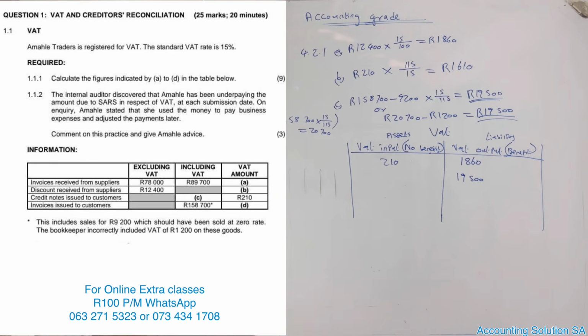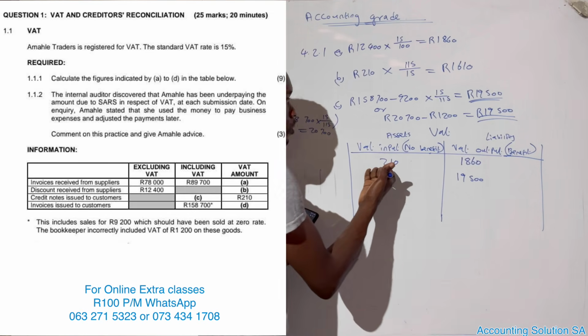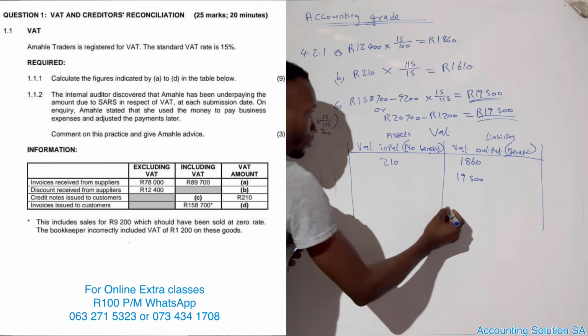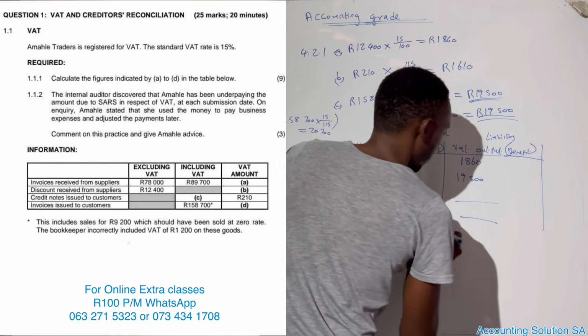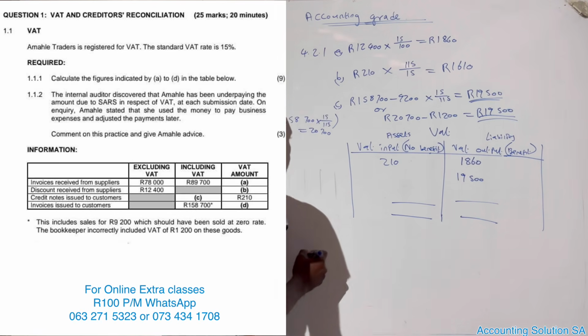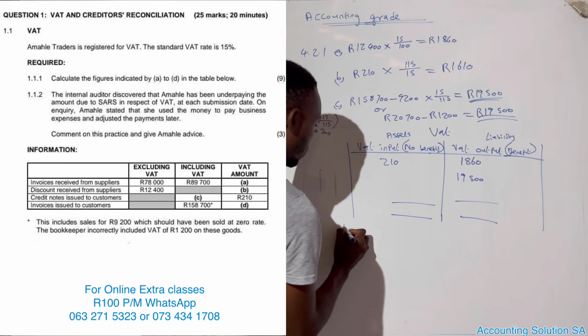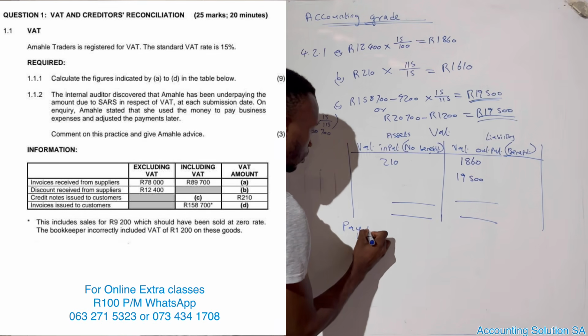Okay, so this is obvious, guys. Because we only have one amount of input, this will bring us to liability, because this is the higher side. The balance here is going to be a liability, or it's going to be payable.